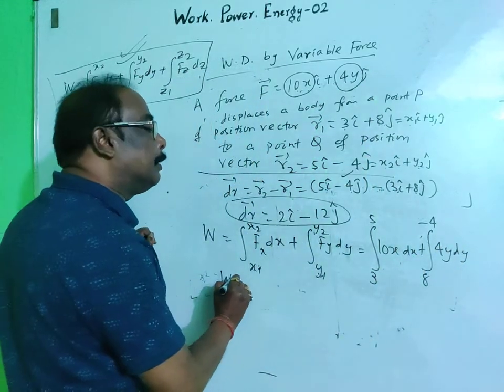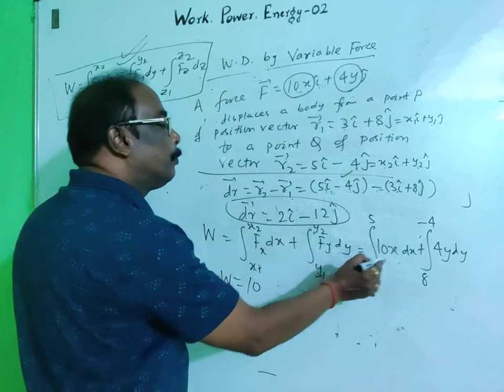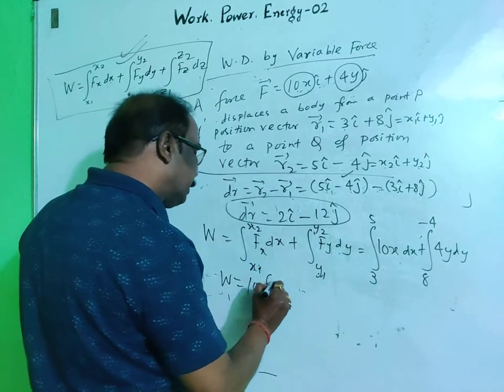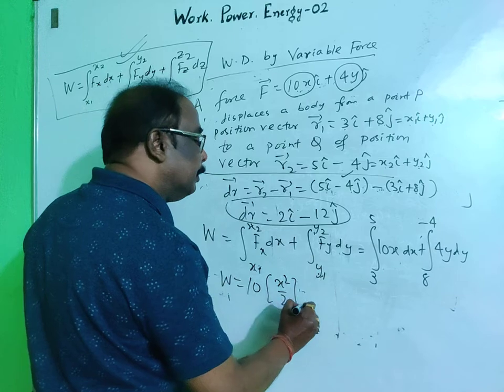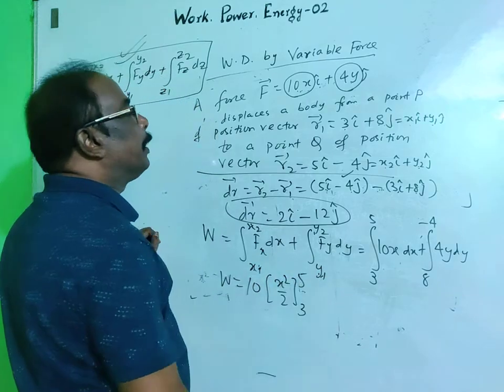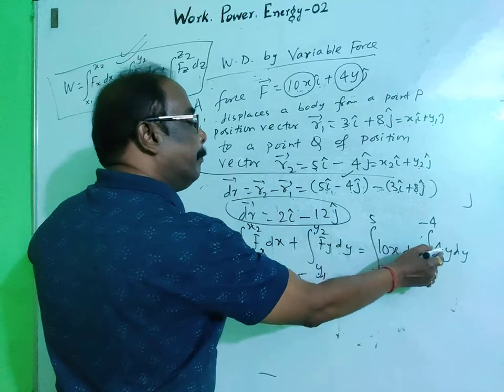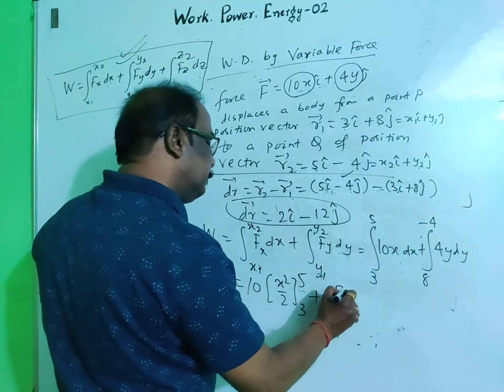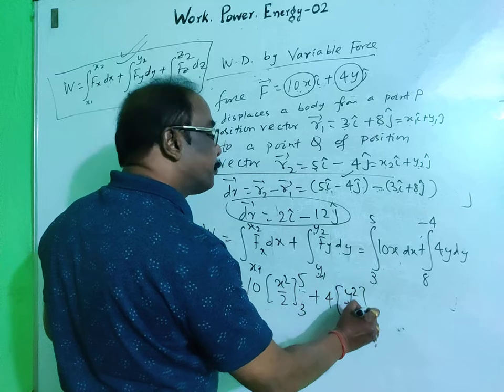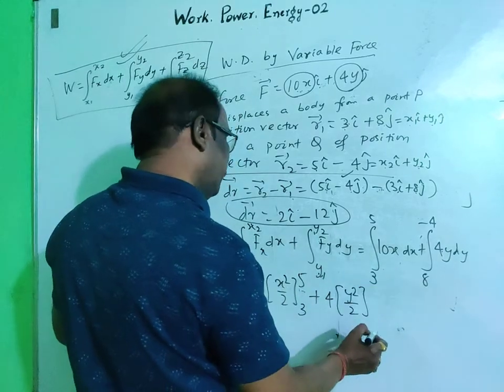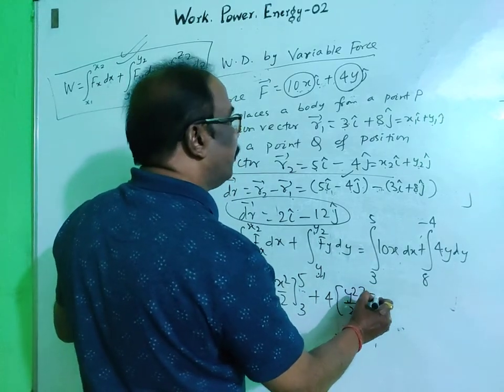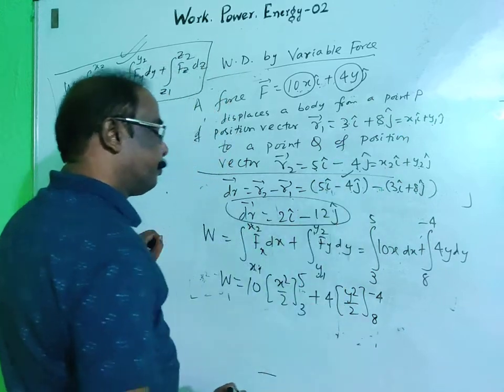Now calculate work: bring 10 outside, the integration of x dx is x square by 2, limit from 3 to 5, plus bring 4 outside, the integration of y dy is y square by 2, limit from 8 to minus 4.